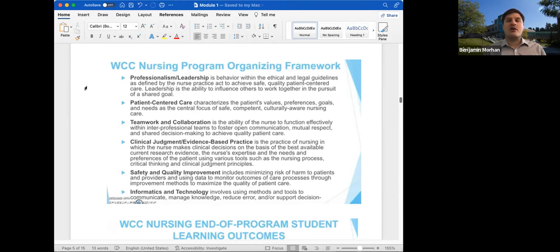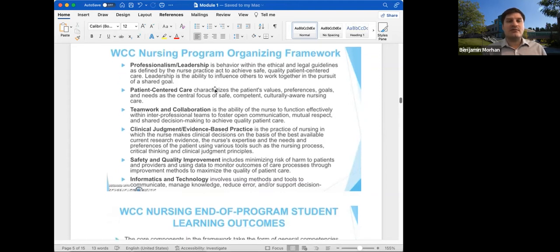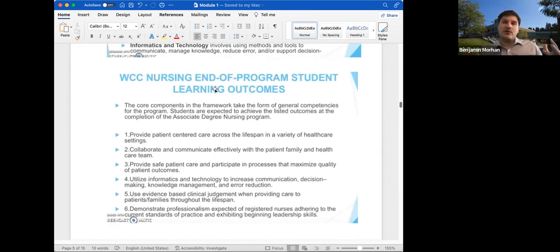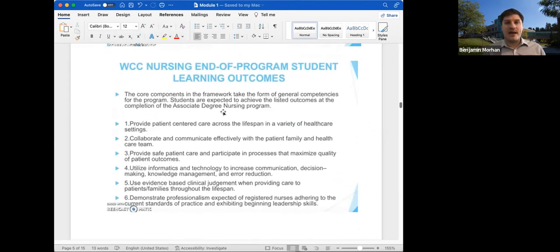Our nursing faculty decided to go with the QSEN concepts, and these are the 6 framework that our program goes by. And at the end of the program, we're hoping that the student learning outcomes are met.